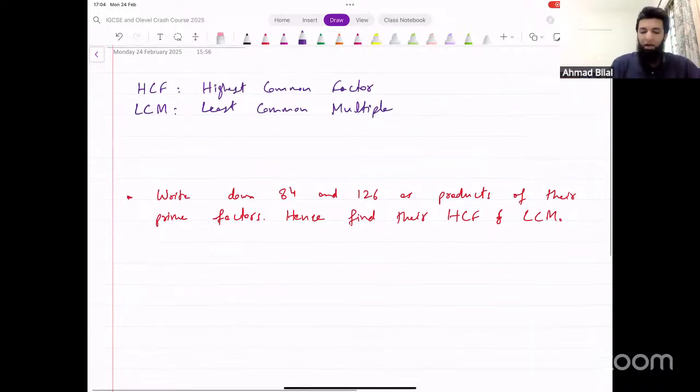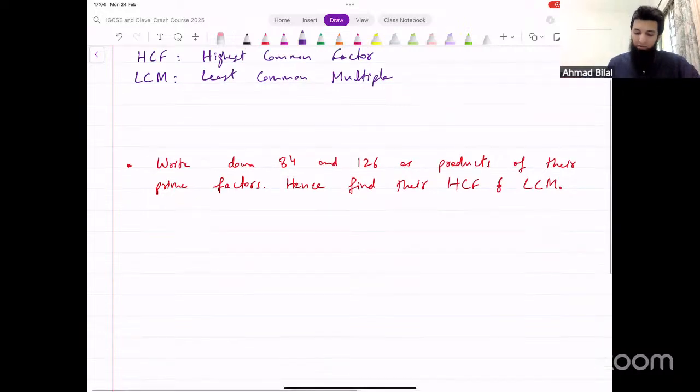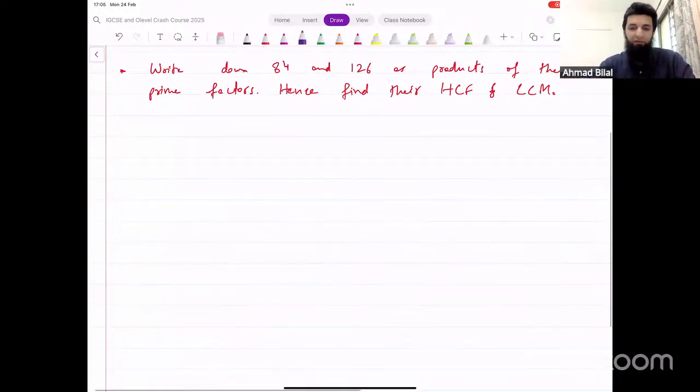Okay, now how do we actually find those two things? Let's understand that using an example. So we have to write down 84 and 126 as the product of their prime factors, and then we have to use that prime factorization to find their HCF and LCM.